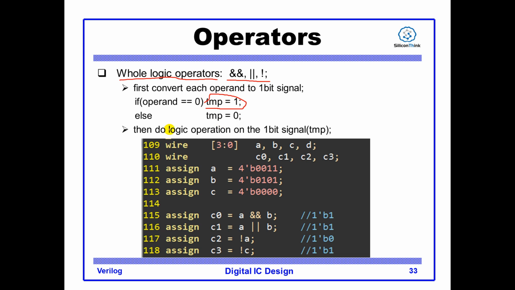Then you do the logic operation using this symbol on the 1 bit temp values. For example, here A double AND B, we will convert A to a 1 bit signal, so it will be converted to 1, and this will be converted to 1, and together.